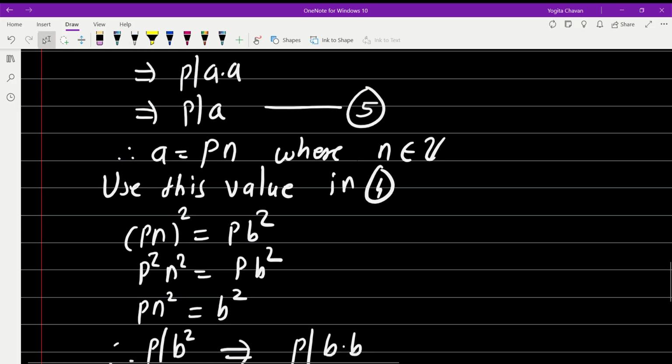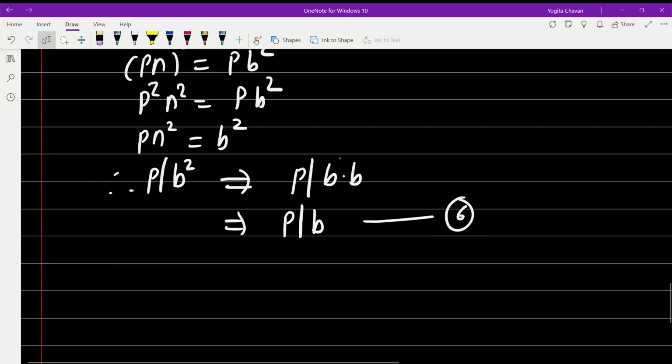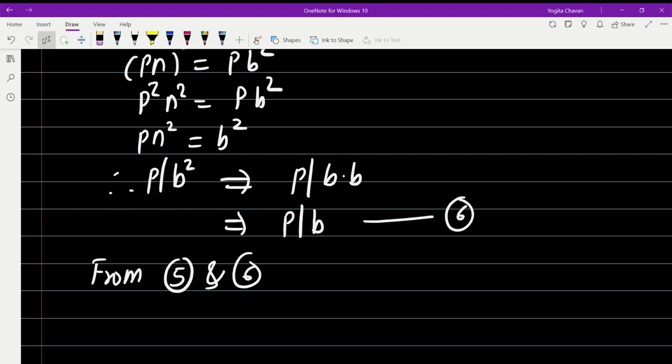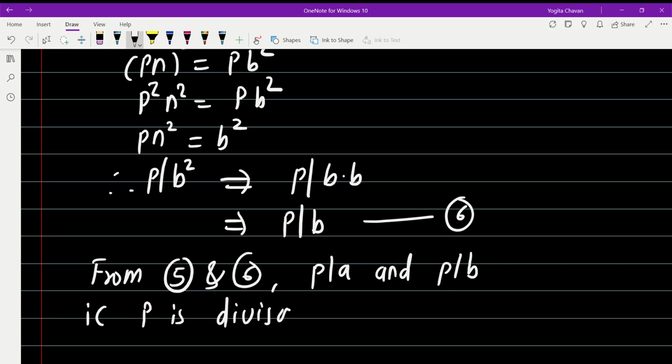So from 5 and 6, we have p divides a and, not or, p divides b. That is, p is a divisor of both a and b.